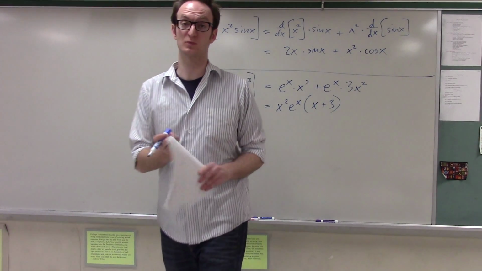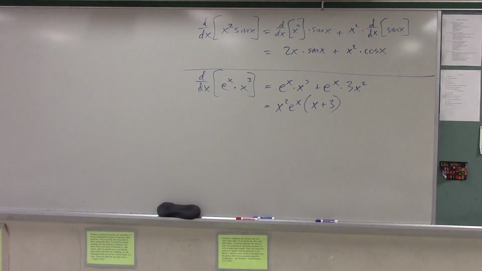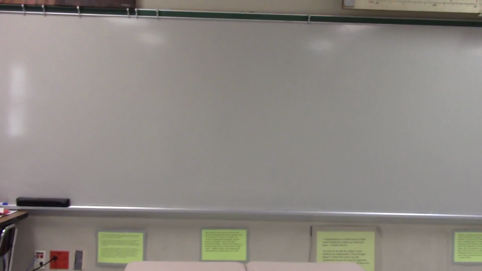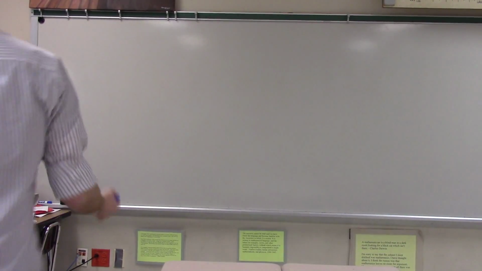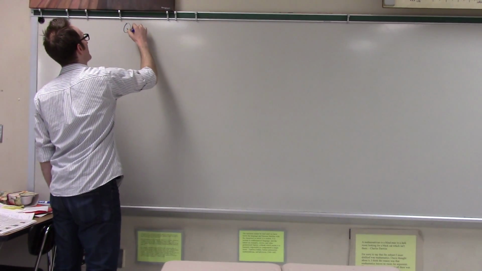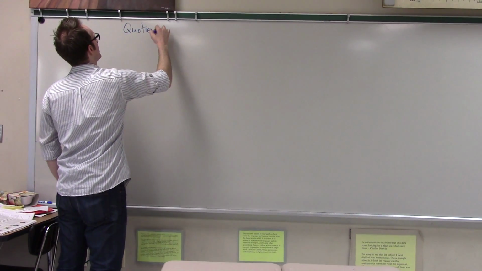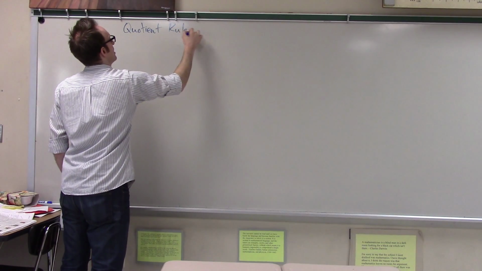And what I'd like to do is, if I've seen the derivative of a product, I would now like to come up with the derivative of a quotient. So I would like to derive the so-called quotient rule.